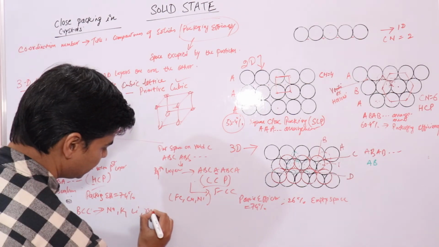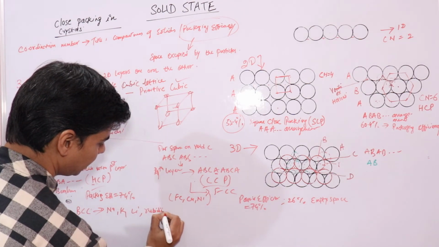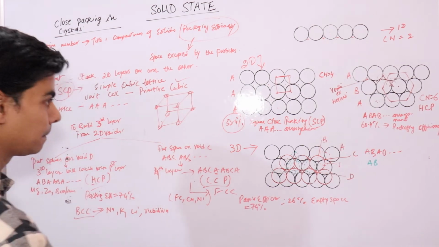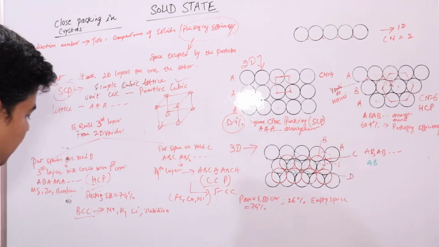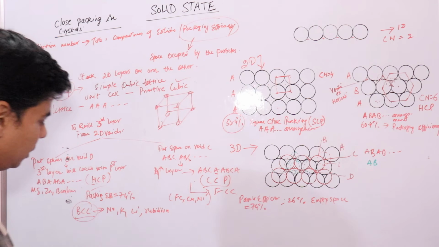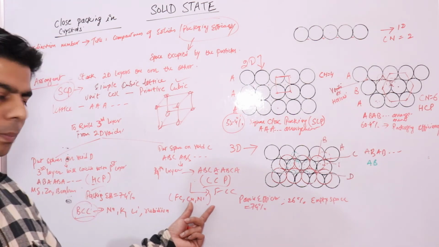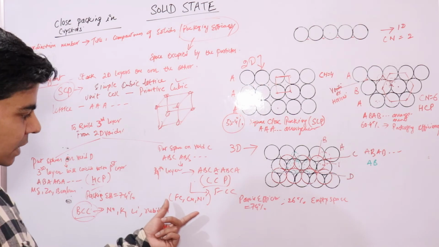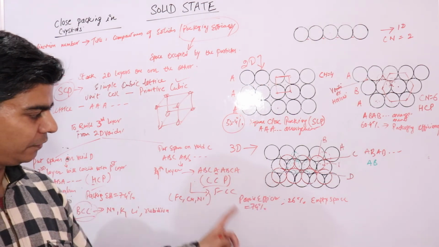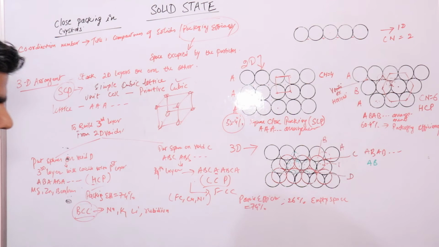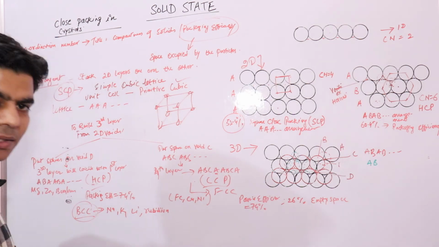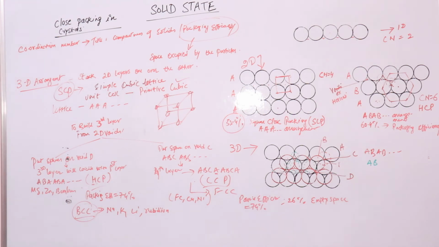These are examples of solids that crystallize with the BCC structure. Notice that magnesium, zinc, beryllium, iron, copper, nickel are different. We said that CCP and HCP are more efficient, with 74% of space occupied, but BCC is not as efficient compared to the above HCP and CCP.